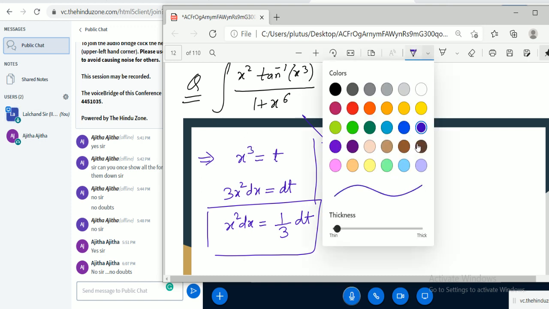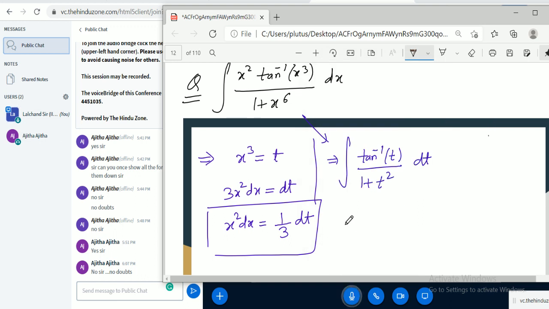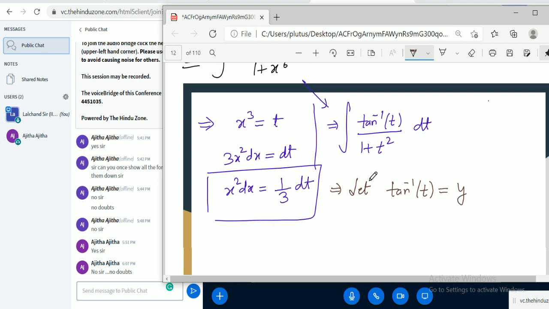Now we need to let tan inverse t equal to, let's suppose, y. So if we differentiate this both sides, then we have 1 upon (1 plus t square) dt equal to dy.